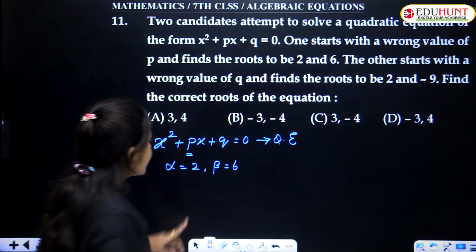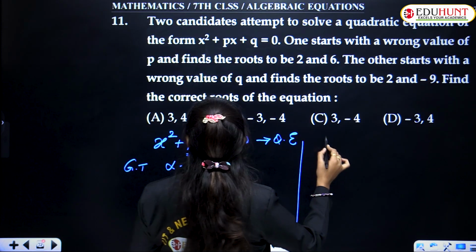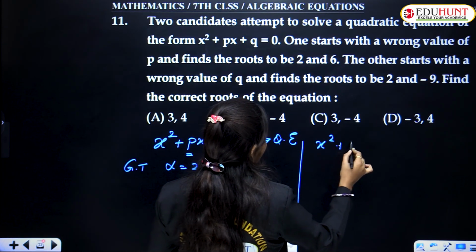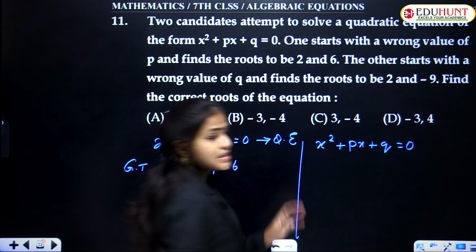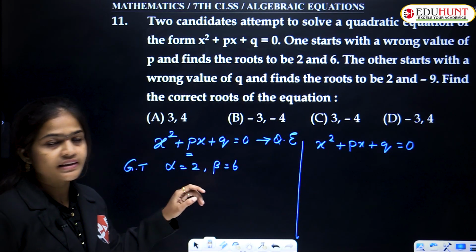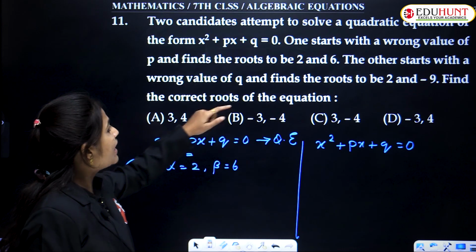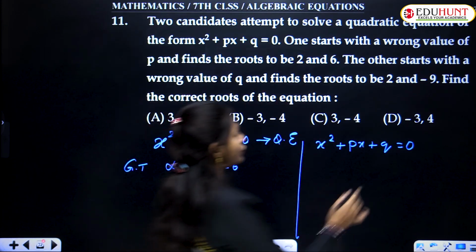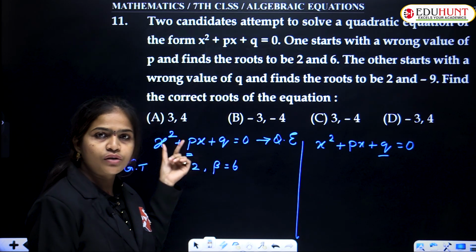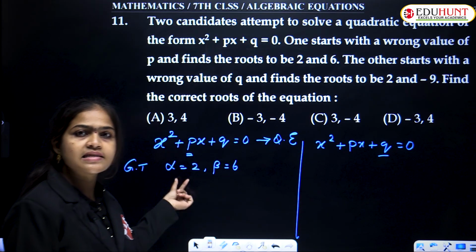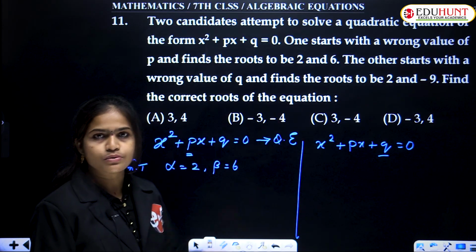Okay, and the second person did this one, x square plus px plus q is equal to 0. Now the second person is ready to simplify that. What he did, he starts with a wrong value of q. So children, did you understand what they are saying? Actually here one quadratic equation is there, that is x square plus px plus q is equal to 0.